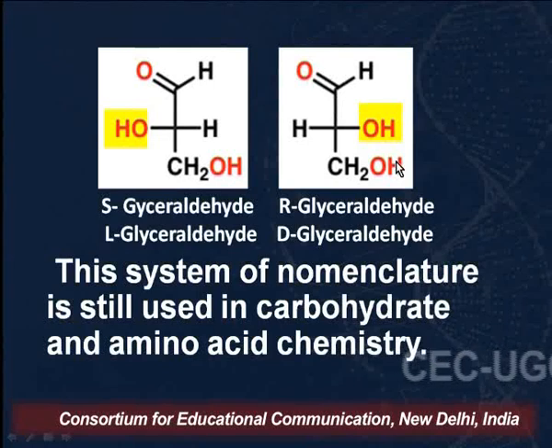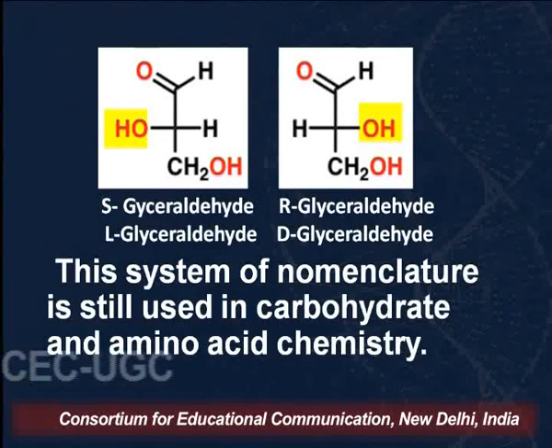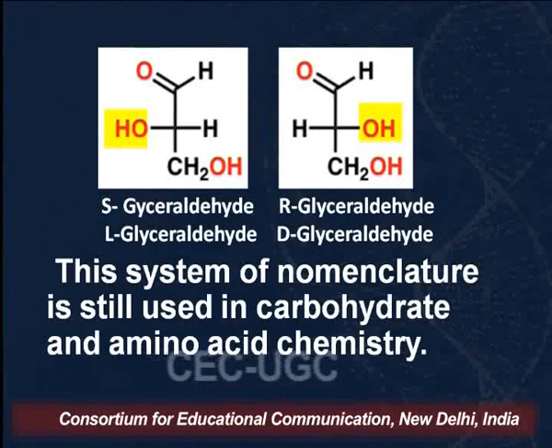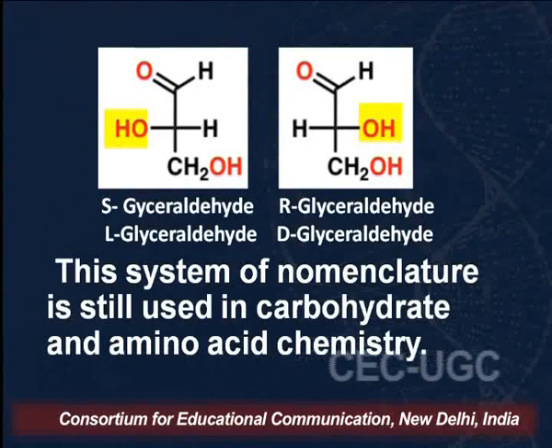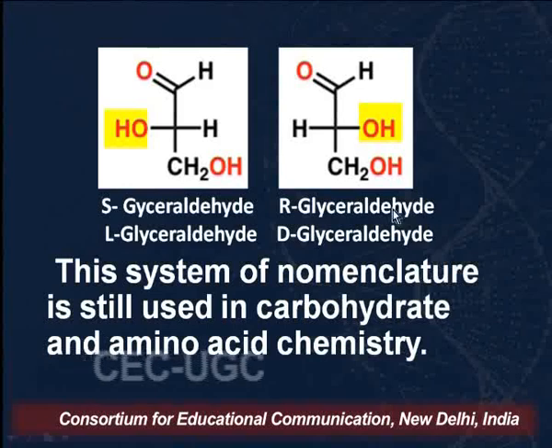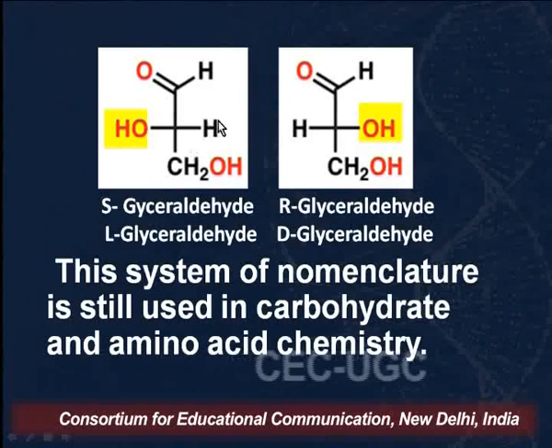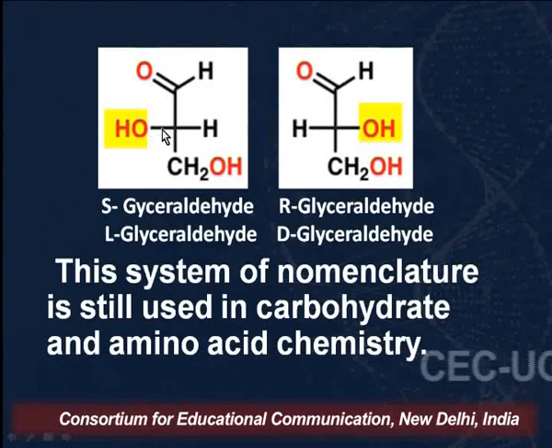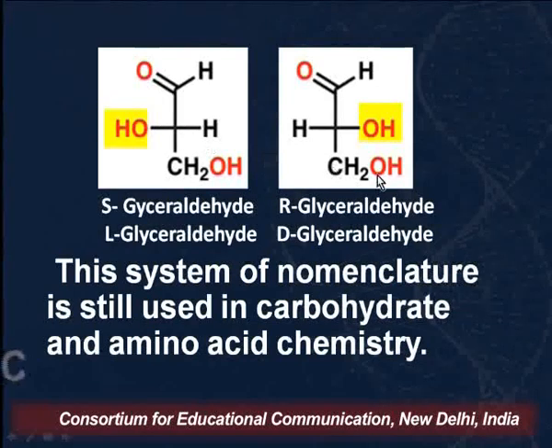Now later on, when they came to know the Cahn, Ingold and Prelog rules, and the absolute configuration was assigned to these two molecules, it was found that the first structure had S configuration, and the second structure had R configuration.